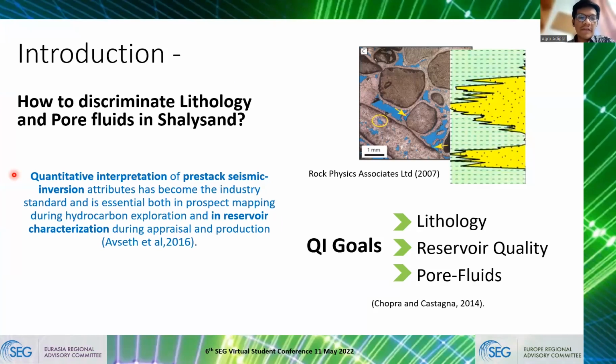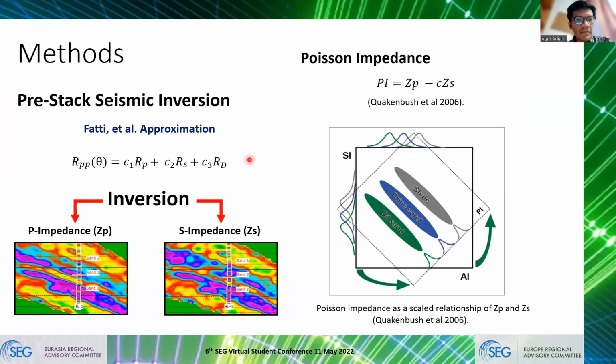Quantitative interpretation primarily uses prestack seismic inversion, also commonly known as simultaneous inversion. Using the Fatti approximation derived from the Zoeppritz equation, we can obtain P-wave reflectivity, S-wave reflectivity, and density.